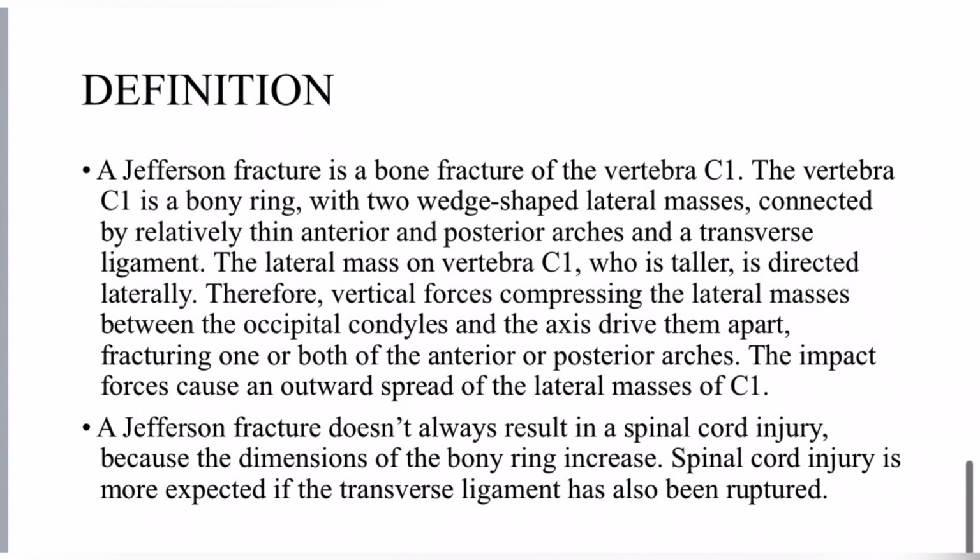Therefore, vertical forces compressing the lateral masses between the occipital condyles and the axis drive them apart, fracturing one or both of the anterior or posterior arches. The impact forces cause an outward spread of the lateral masses of C1.